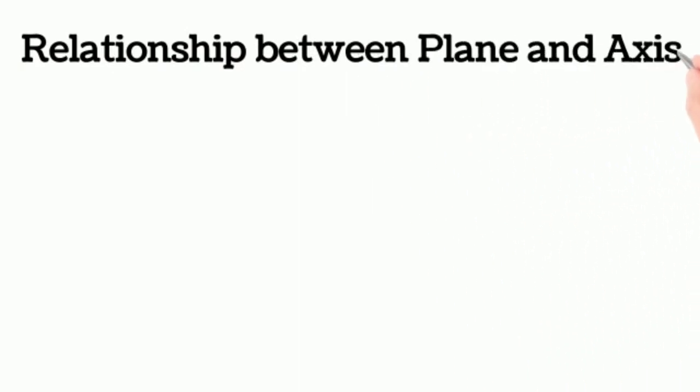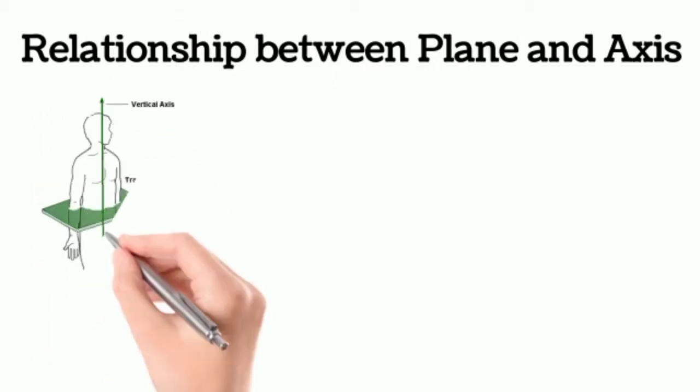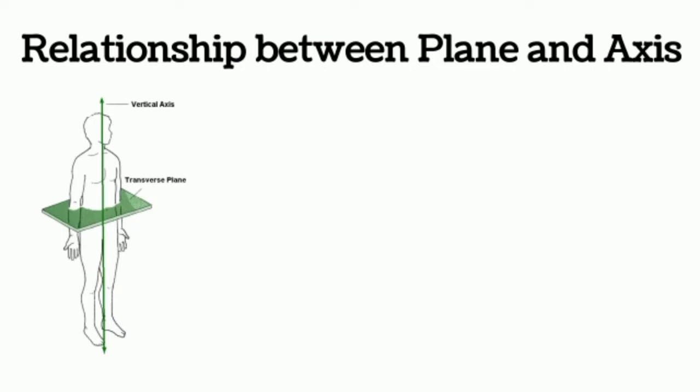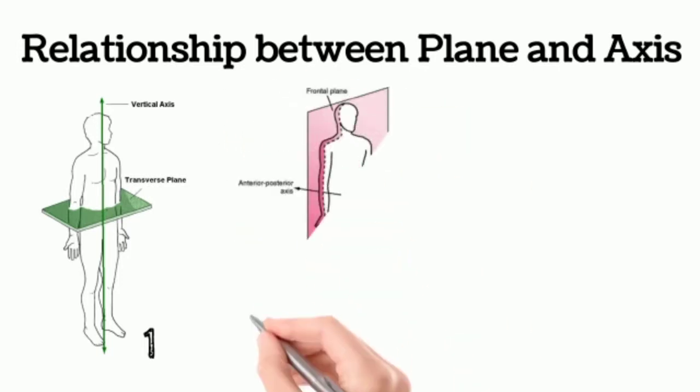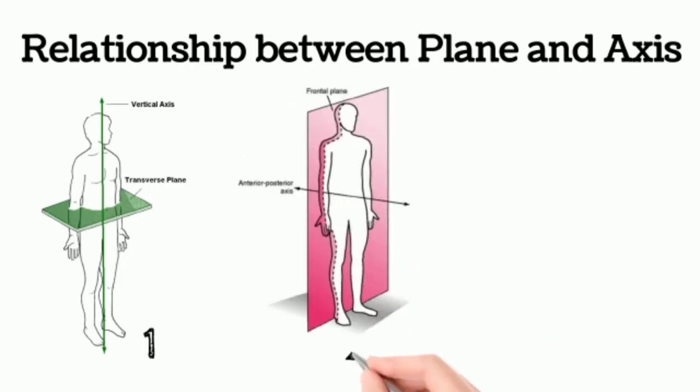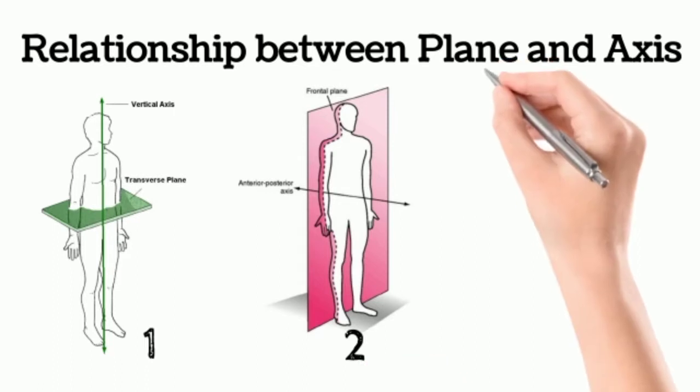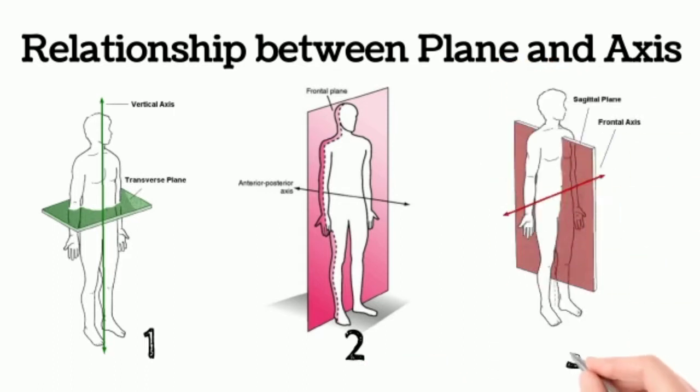Now the relationship between plane and axis. Here plane is nothing but an imaginary flat surface and axis is nothing but an imaginary line. In the first picture we can clearly see that the vertical axis lies at right angle to the transverse plane. In the second picture the anterior posterior axis lies at right angle to the frontal plane. And in the third picture the coronal axis lies at right angle to the sagittal plane.